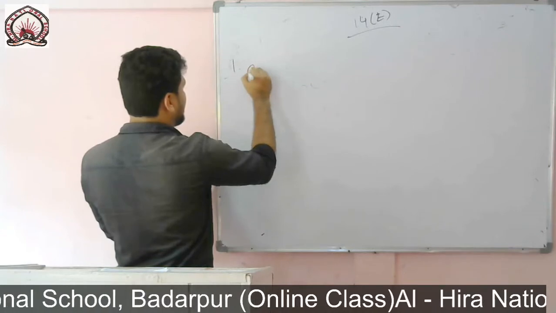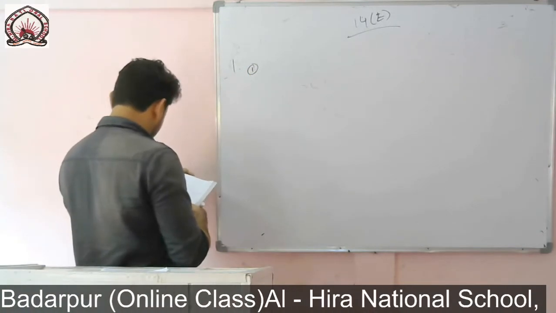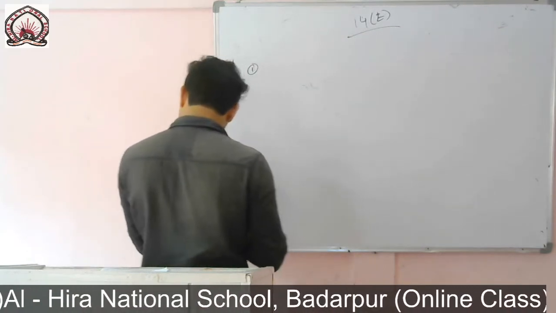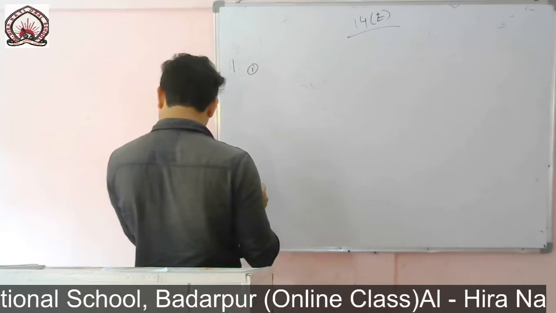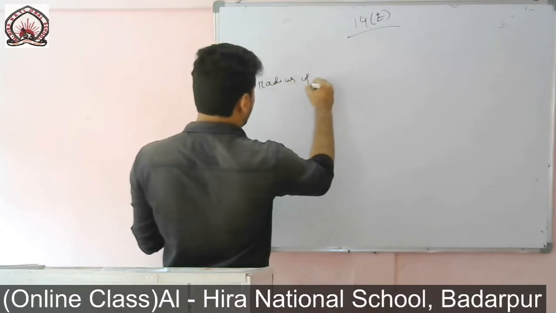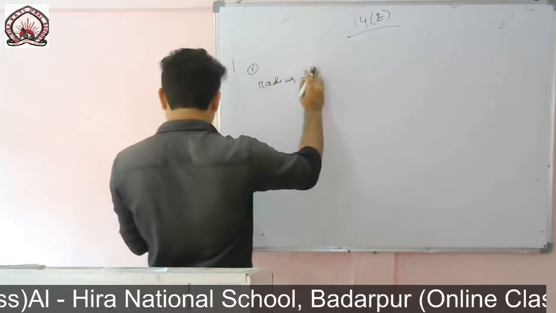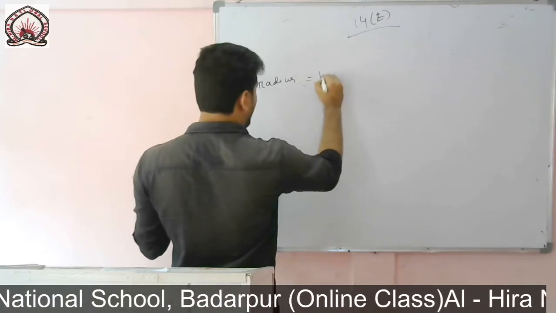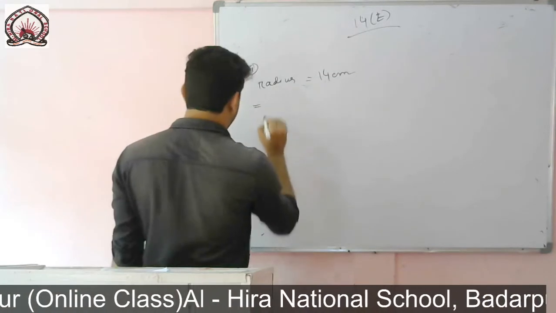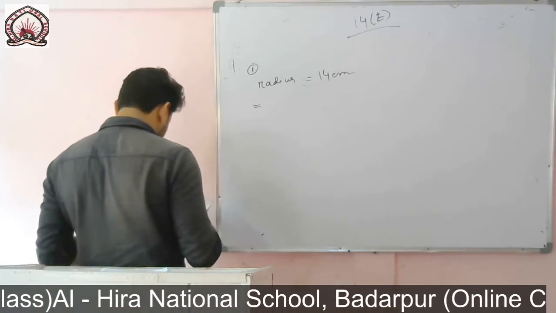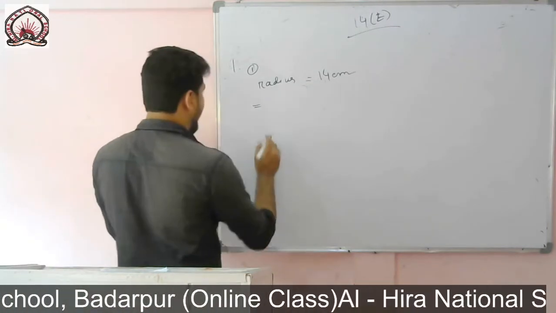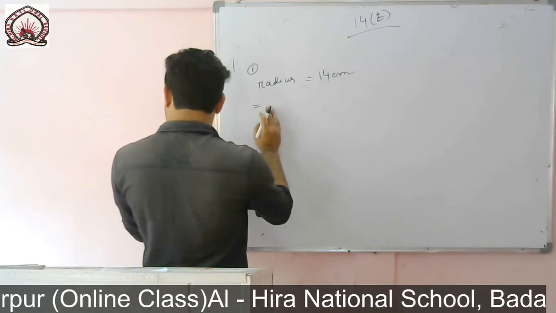Okay, number 1, radius equals 14 centimeter. So we have to find the area of each circle.